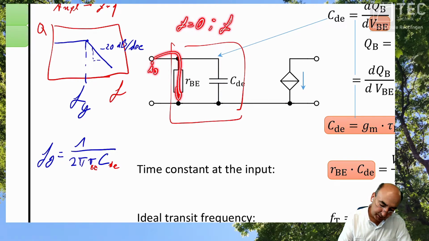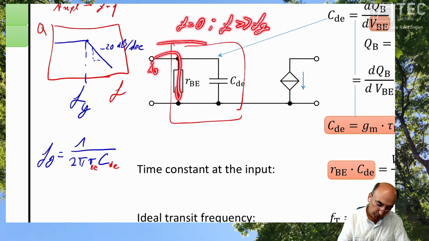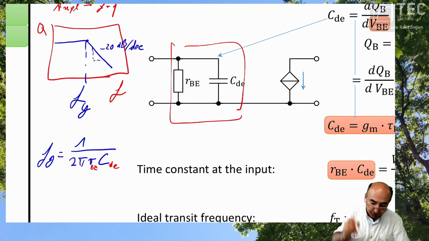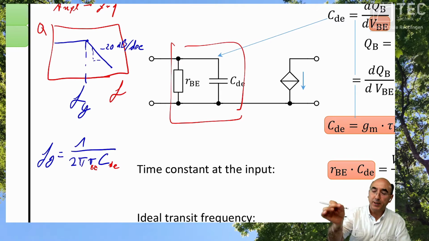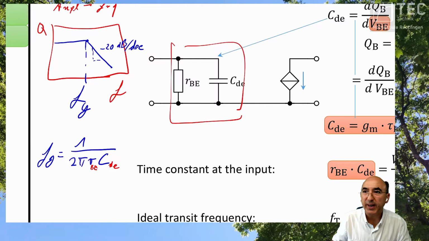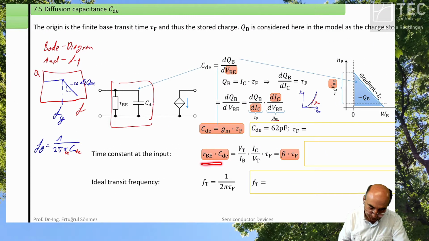If your frequency is much, much larger than the corner frequency, then your full current is flowing here. So your active transistor doesn't see any voltage anymore. The whole signal current goes through the capacitance. So you have no active transistor anymore. So this is the corner frequency.